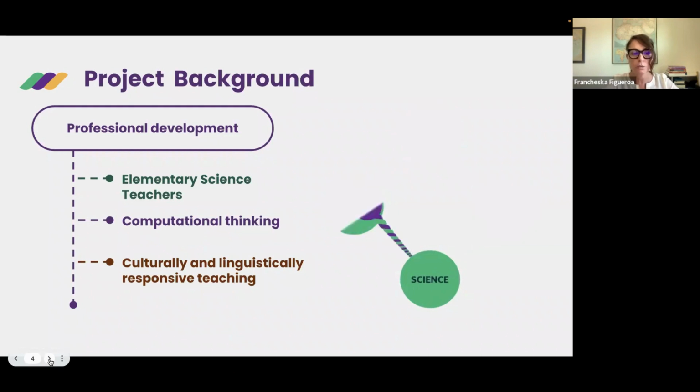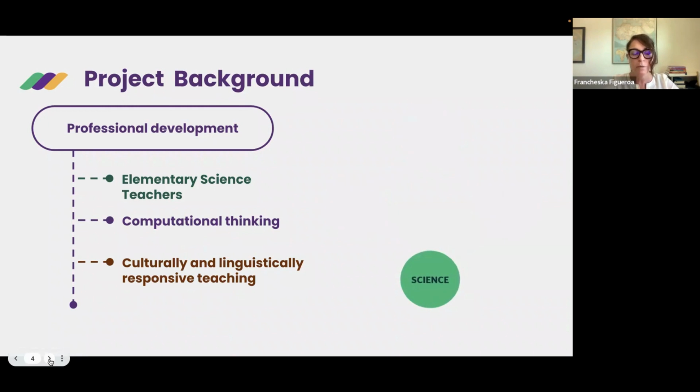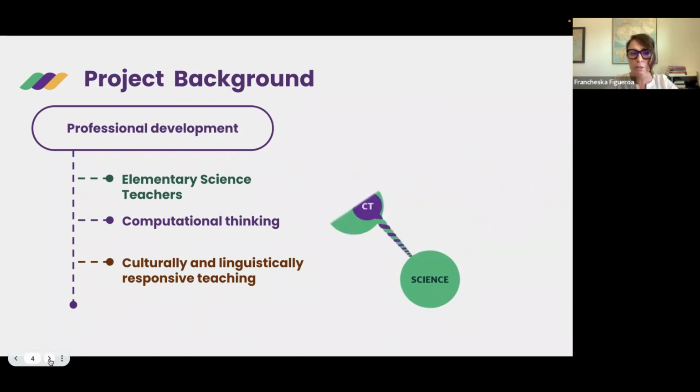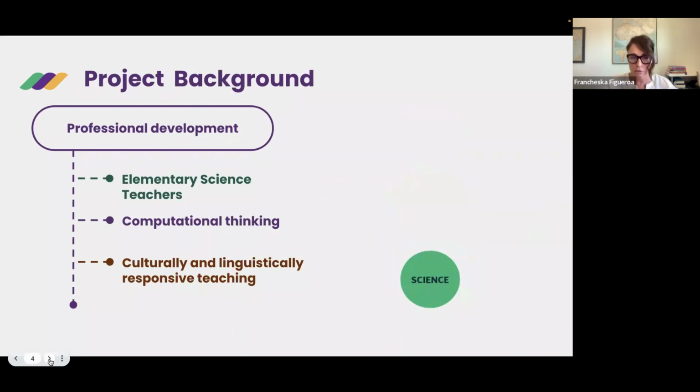So when we started the project, we individually came up with ideas of a framework that we might consider using science, computational thinking, and culturally responsive teaching. We came to consensus with the animated framework that you see on the screen. And so really the way the framework works is we have the foundation in elementary science, and teachers have the opportunity to really create their lessons using one of 2 ways.